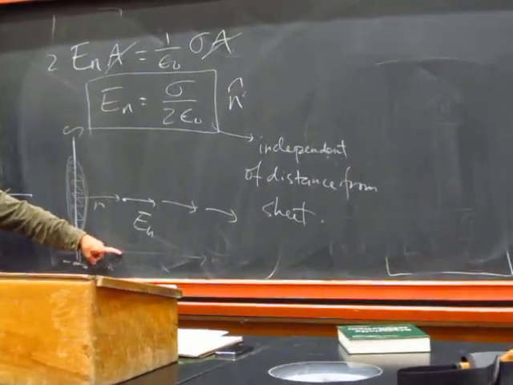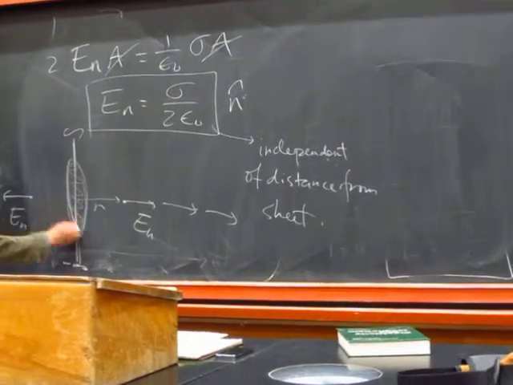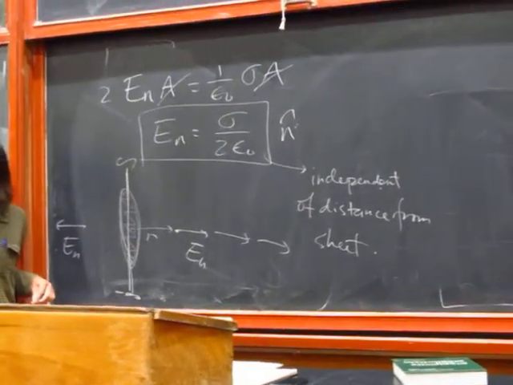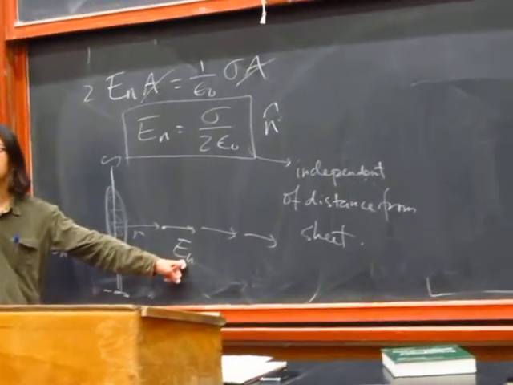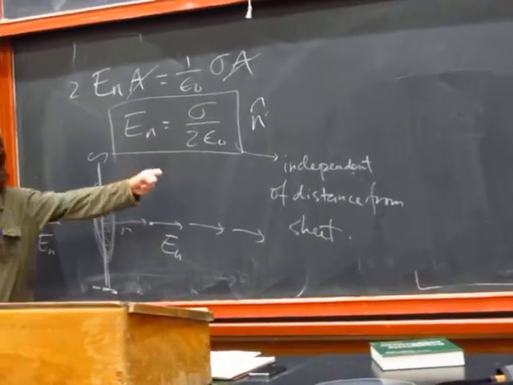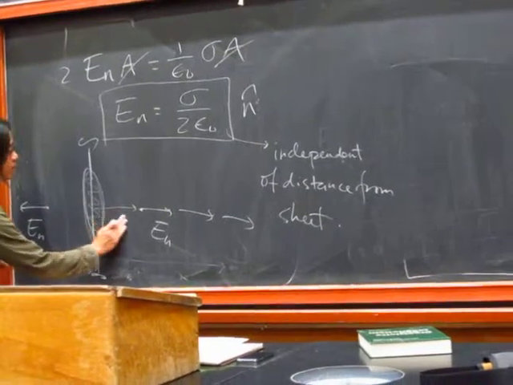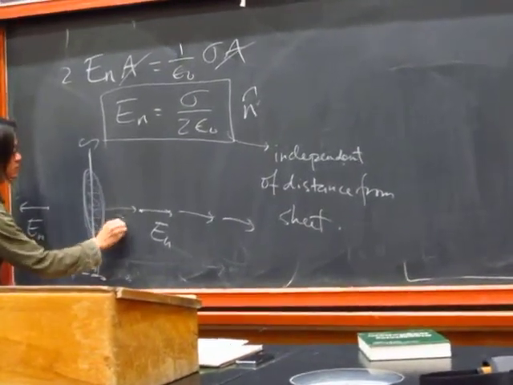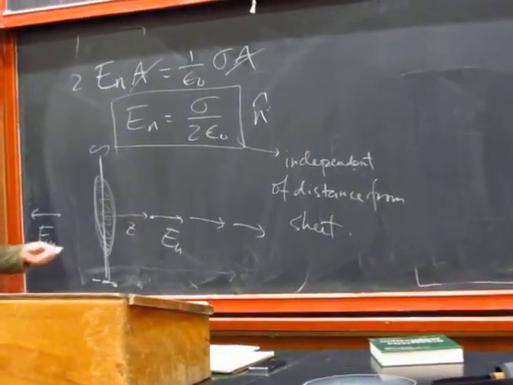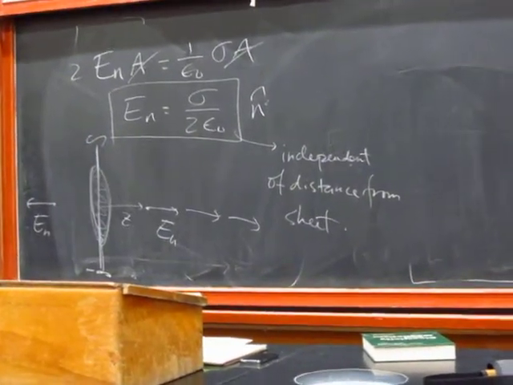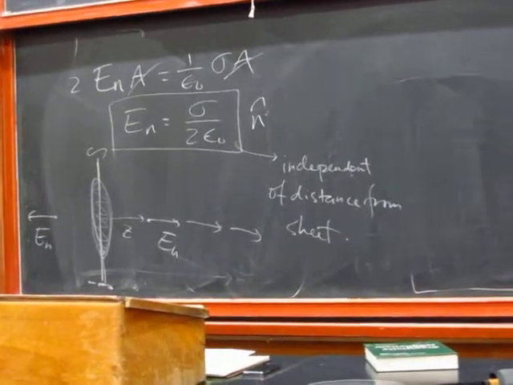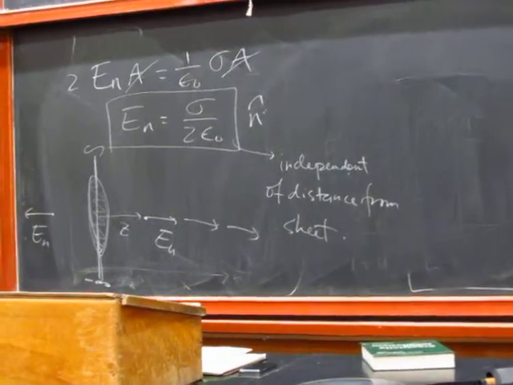The field goes down as 1 over r squared, but the charge goes as r squared, so they cancel. So the electric field is independent of this distance r. I guess r is quite bad notation, z maybe, if you call this the z direction. Okay, is it clear so far? Too simple, too easy.